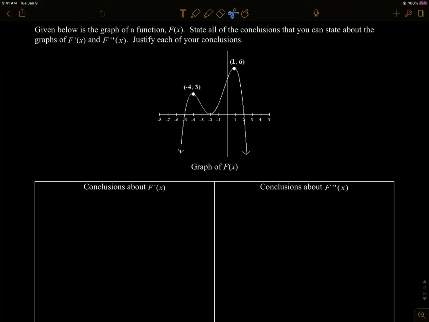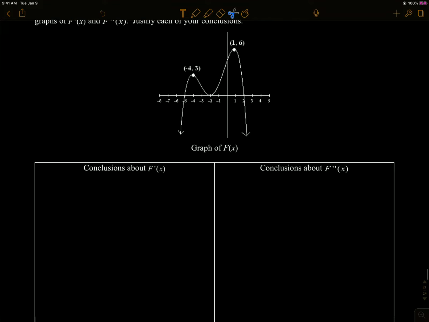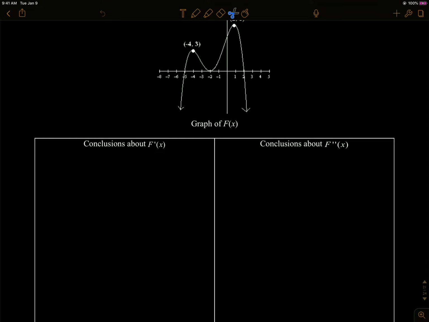But let's see what conclusions we can make about f prime and f double prime based on the graph of this function.